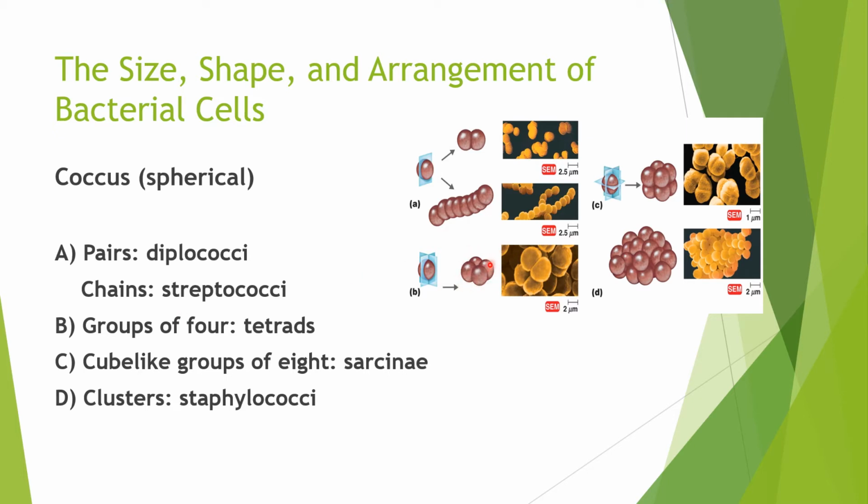If it's a group of 4, we refer to it as tetrads. If it's a group of 8 to 32, we call it sarcinae. And if it's basically a cluster of spherical bacteria, we would refer to it as Staphylo, so Staphylococci.